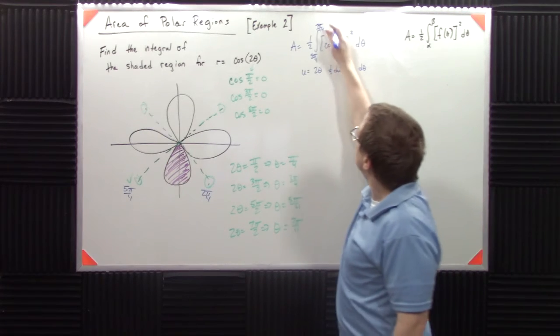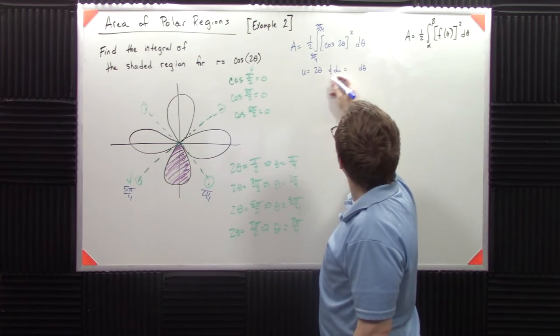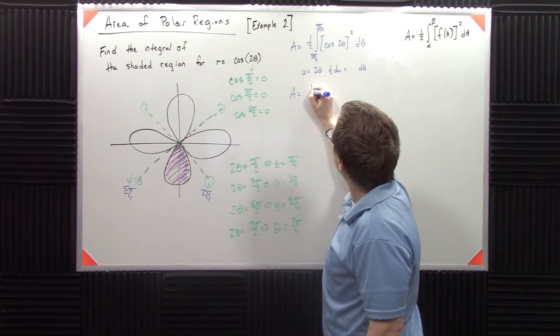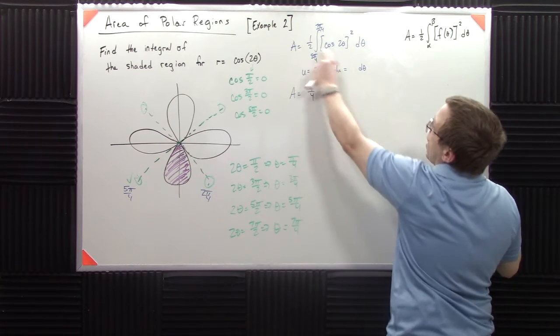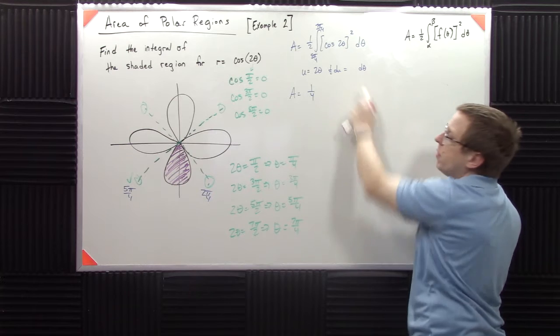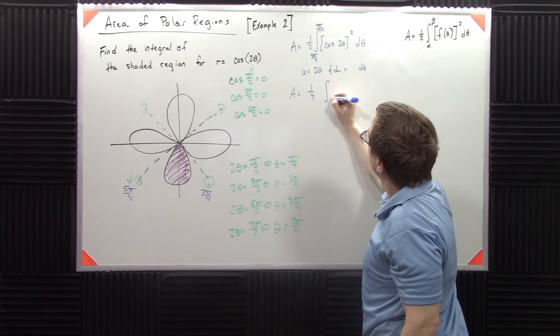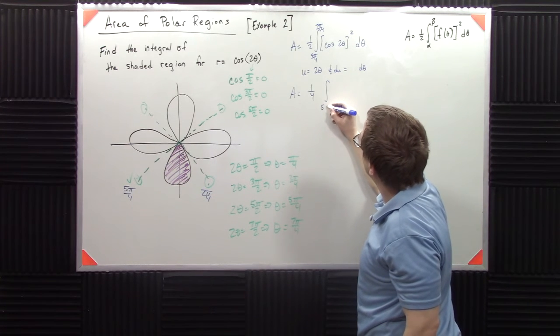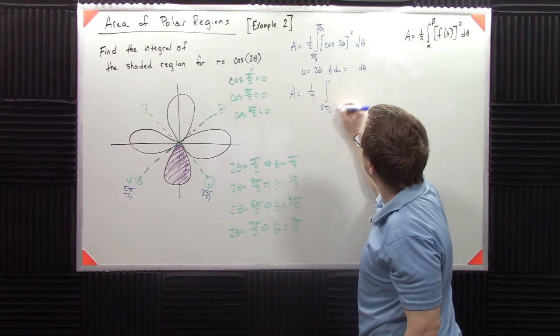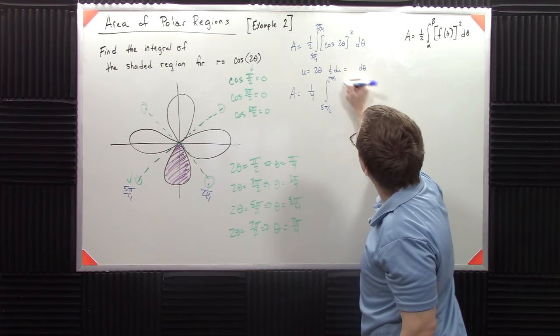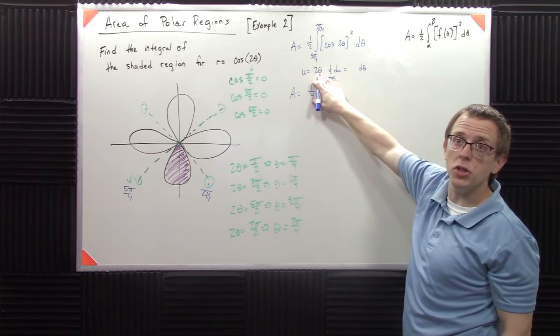And then for my substitutions, now my area is going to be 1/4, because I have a 1/2, and then d theta is going to be 1/2 here. And this is actually going to be 5 pi over 2 to 7 pi over 2, because I'm taking theta and I'm just doubling it.